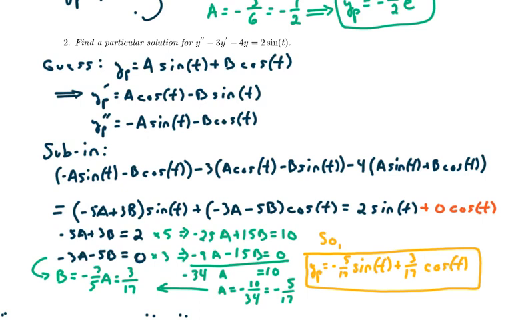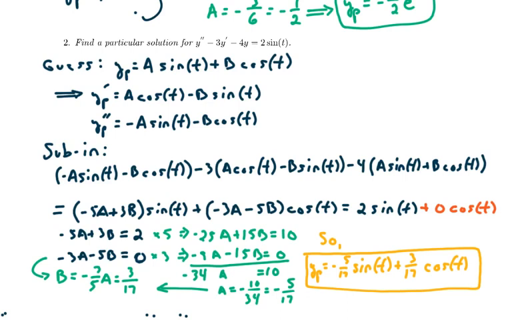This must equal the right-hand side, the non-homogeneous portion of 2 sine t. But I wrote in here in red a hidden cosine term, which is 0 times cosine t. And I did that because for the left-hand side where we have sine of t, its coefficient is negative 5a plus 3b.